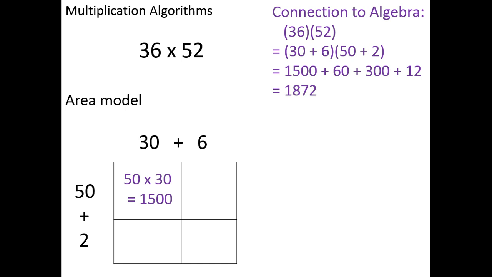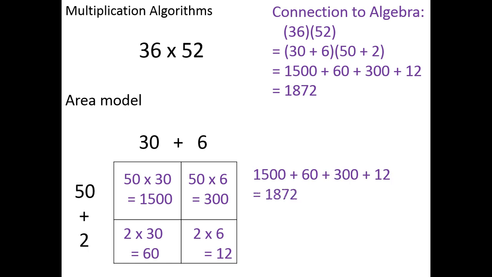So for example, if we have a rectangle that measures 50 by 30, its area is 1,500. If we have a rectangle that measures 50 by 6, its area is 300. A rectangle that measures 2 by 30 has an area of 60. And a rectangle that measures 2 by 6 has an area of 12. If we add all of those areas together, we get the 1,872 that we got with the other methods too.